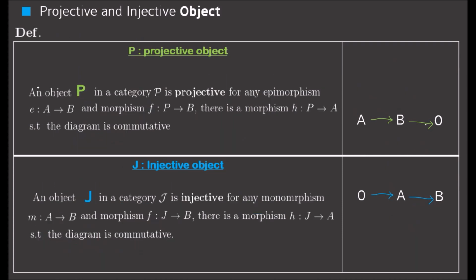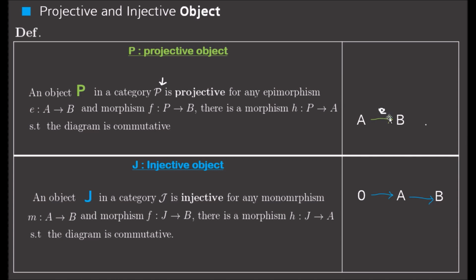Let's read the definition. An object P in a category is projective if, for any epimorphism E from A to B, where A and B are objects, note that when dealing with projective objects the arrow and the zero set are not necessary.